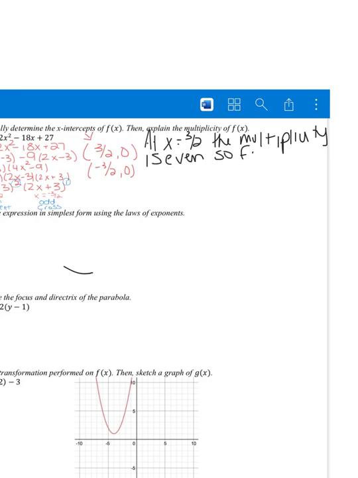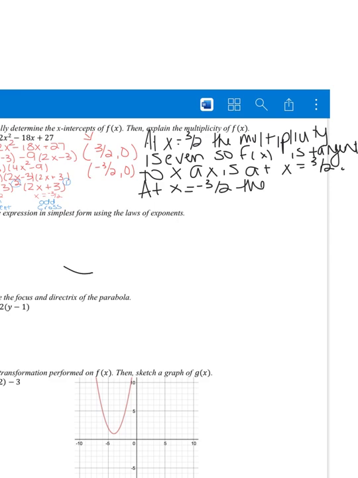So f of x is tangent to the x-axis at x equals 3 over 2. You need to have that. The other one, at x equals negative 3 over 2, the multiplicity is odd.